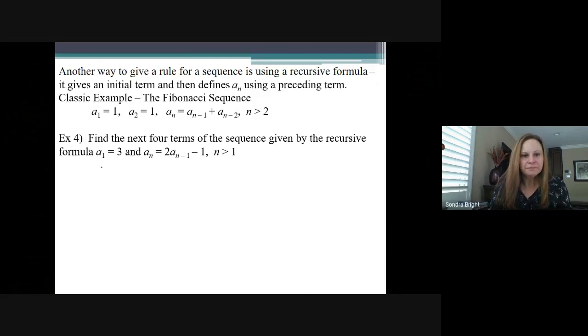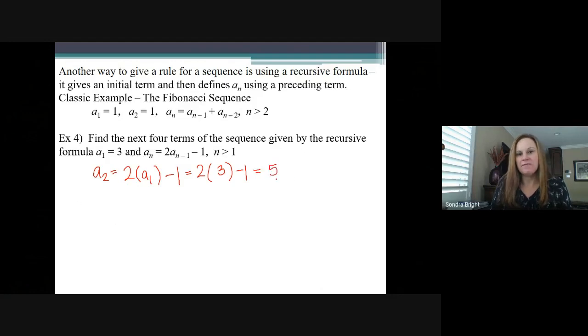All right. So to find the second term, it'll be 2 times, well, actually, all right, 2 times the first term, because that's the n minus 1. If n is 2, then n minus 1 is 1, and then minus 1. So that gives you 2 times 3, and then minus 1. 6 minus 1 gives you 5.